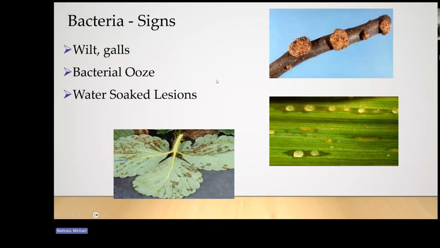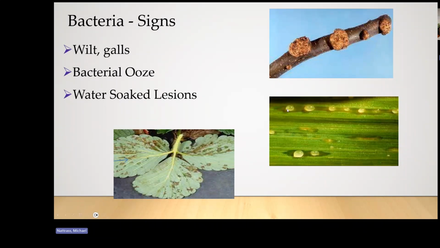So we have signs and symptoms. The symptom is something visual that you'll see on the plant, and the sign is what you see when you look at it under the microscope. One of the first things that we'll see are these bacterial galls, or maybe even some ooze.